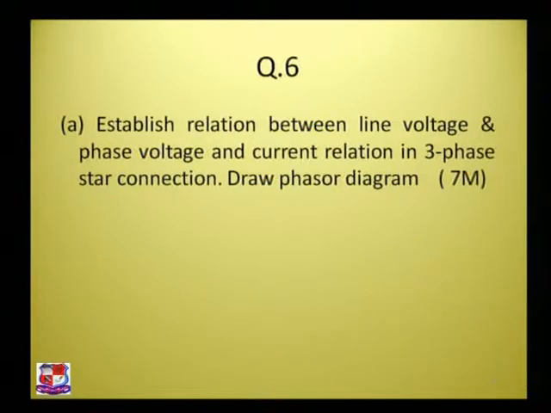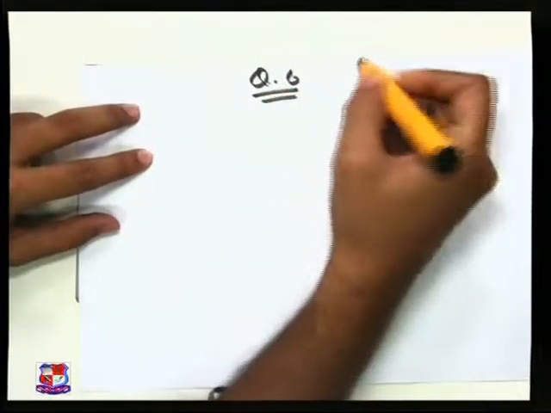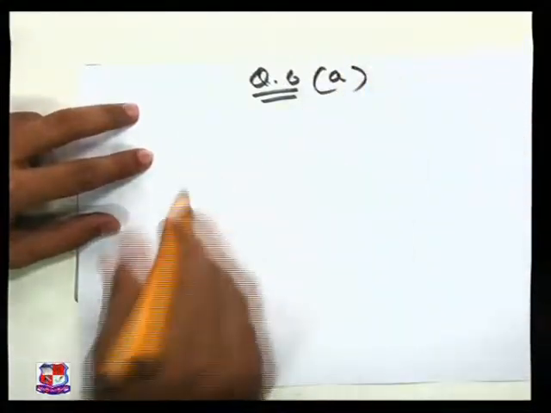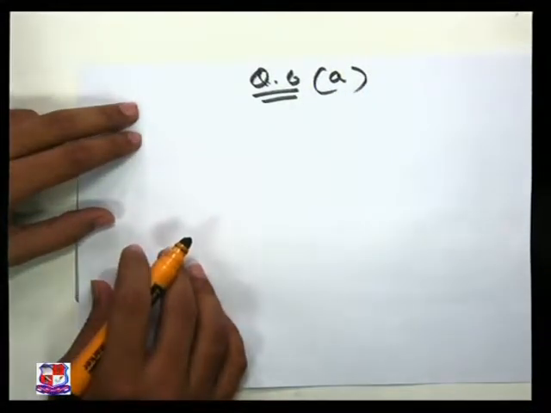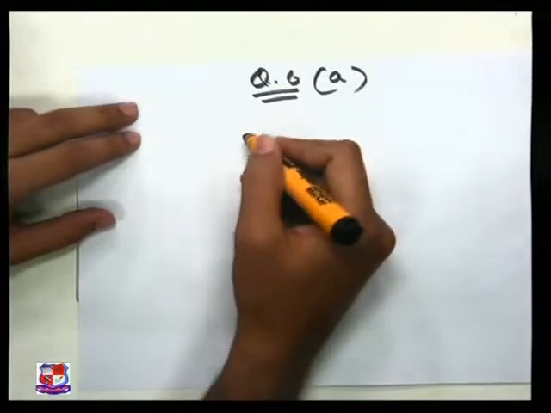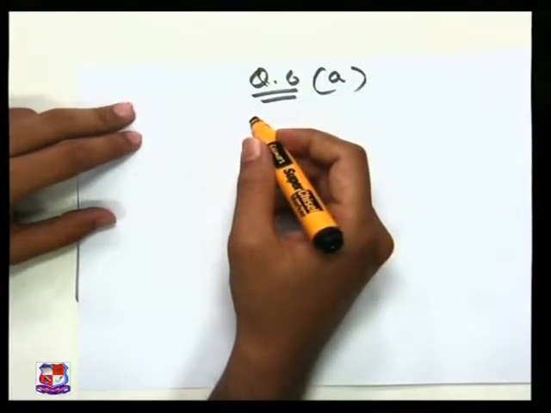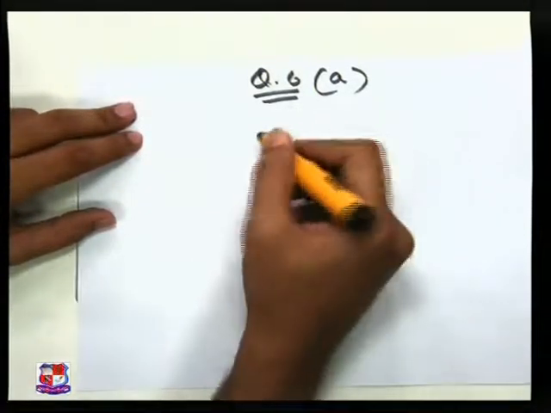Okay, so this is question 6a. First we will draw a circuit, a 3-phase star connection.